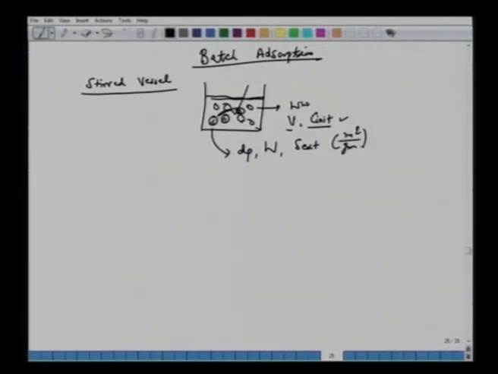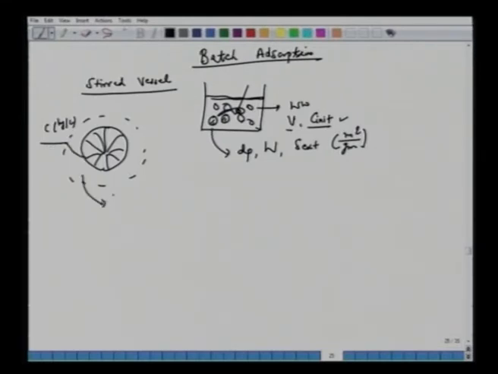Of course, this solid adsorbent, if you look at it slightly magnified, may be porous. But we are saying that the diffusion inside is very fast. In other words, if we draw schematically, this is your bulk phase concentration, say C in milligram per liter of color in this liquid, then all the drop occurs inside this film.